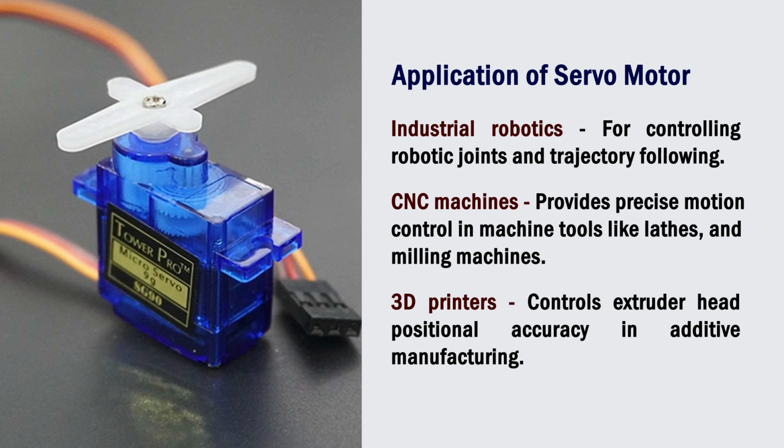In 3D printers, it controls the extruder head positional accuracy in additive manufacturing. As we have seen, it requires control of motion in different directions for the extruder head, so that a device is made with a 3D printer. So in that, the servo motor plays a very vital role.